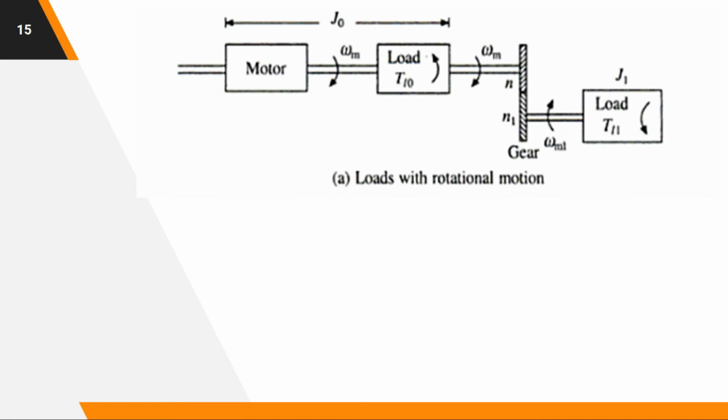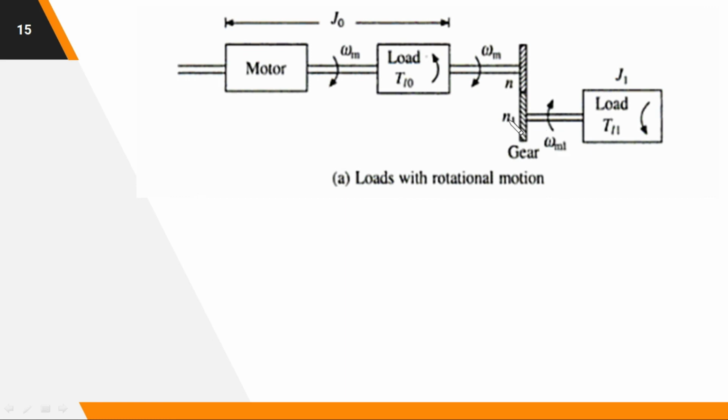Now the gearbox comes, with N and N1 teeth. This omega m is the speed of the shaft of the motor. After that there is a gear. Have you seen gears? Gears have some teeth. When gears are there, of course, with this gear one shaft is connected and the speed will be different.